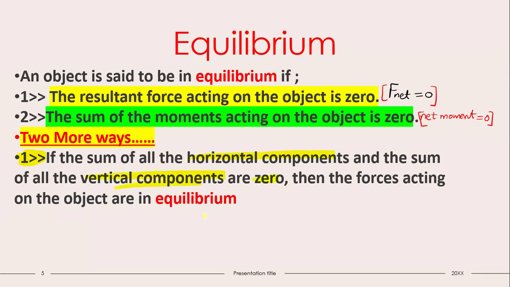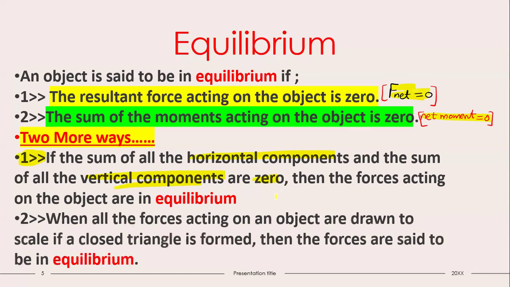This is the condition from resolution of vectors: you resolve the vectors acting on the object, and if the horizontal components balance each other and the vertical components balance, we can say that the net force acting on that object is zero. And of course, if the forces are point forces, then the net moment is also zero.